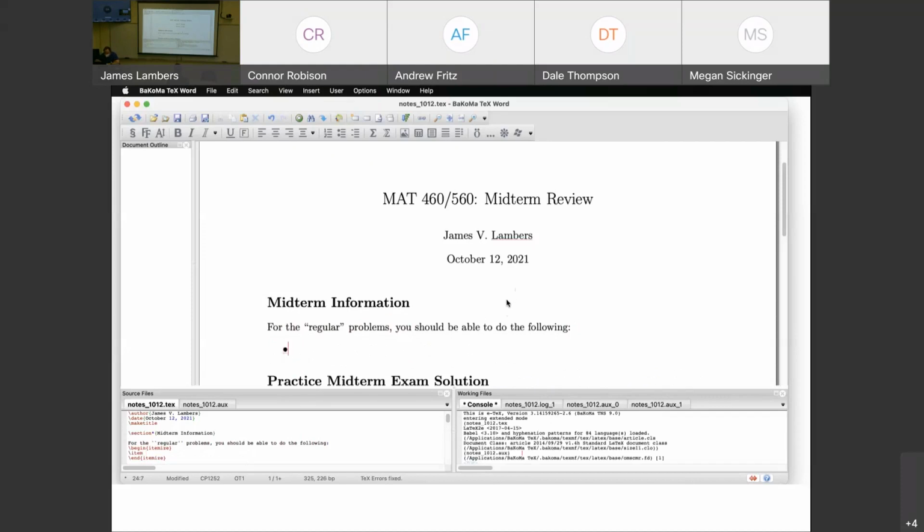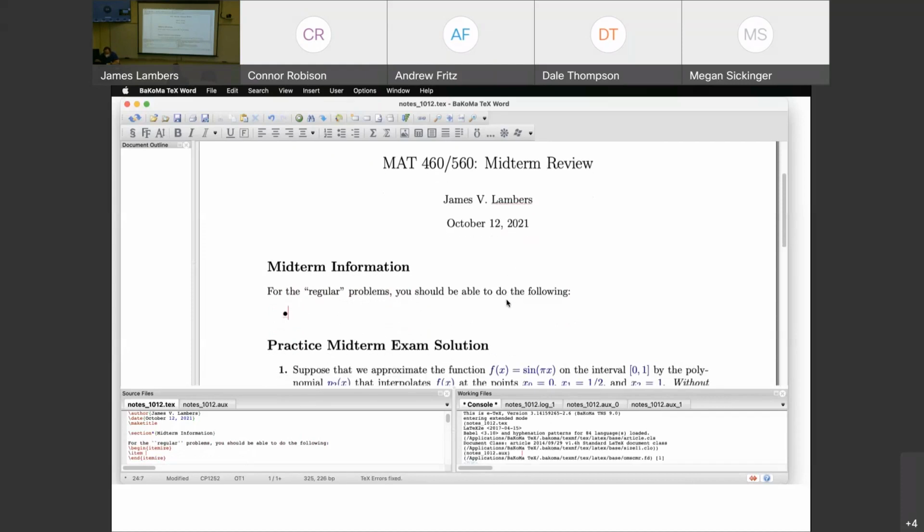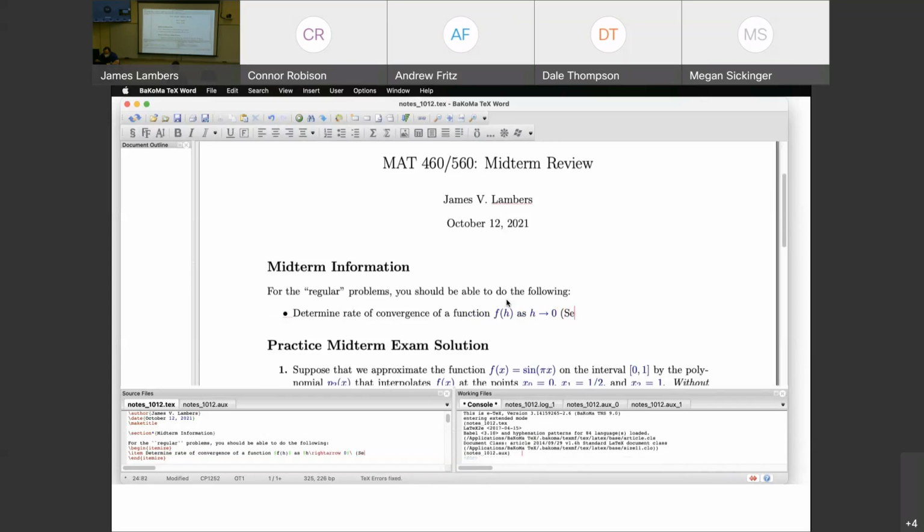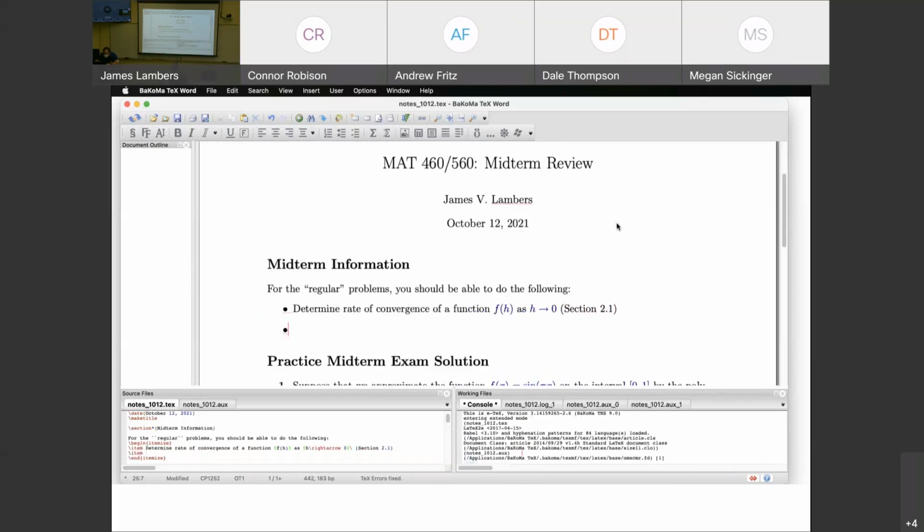First, rate of convergence as a function of h as h goes to 0. This is from 2.1.